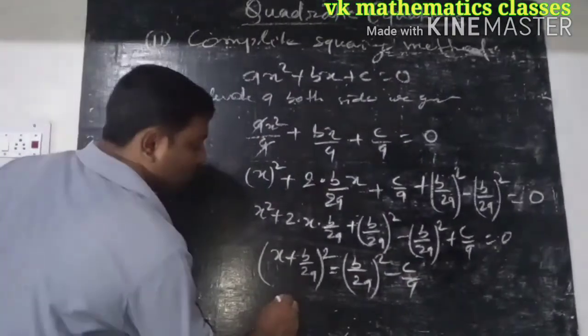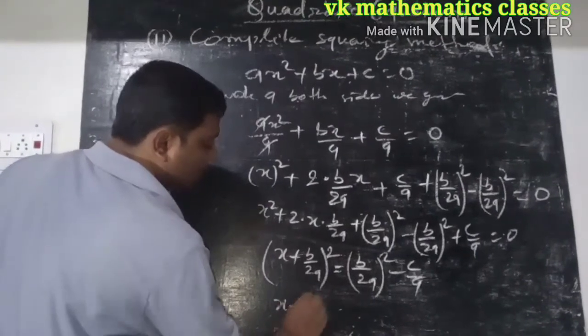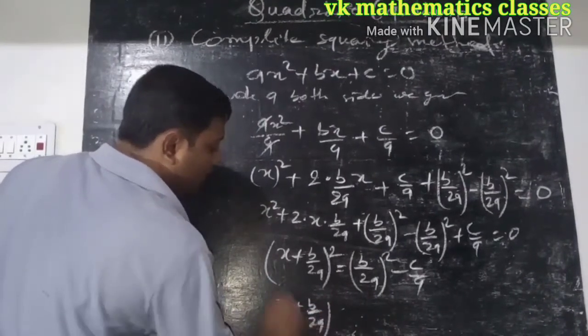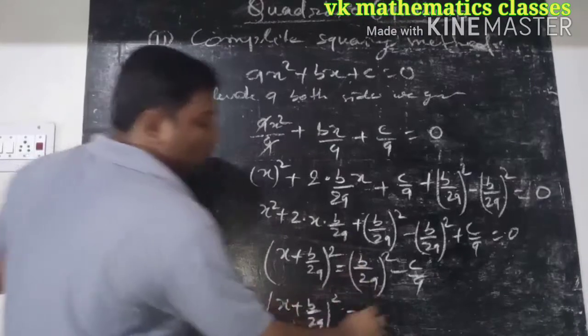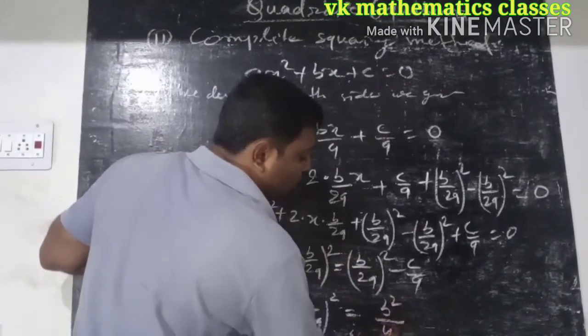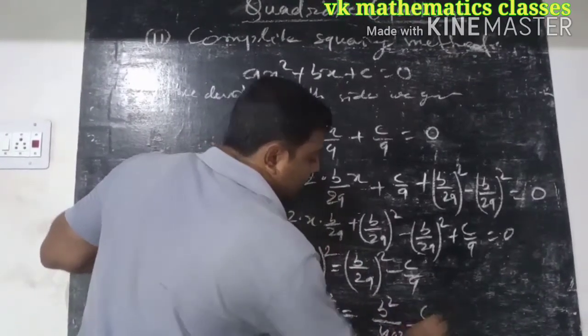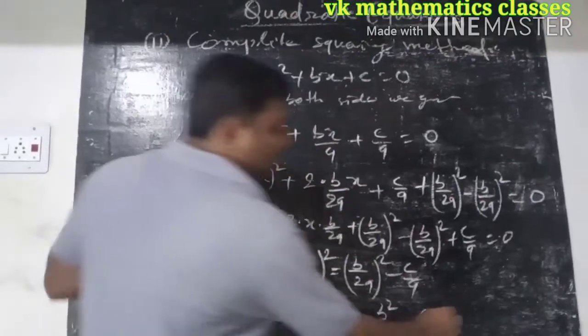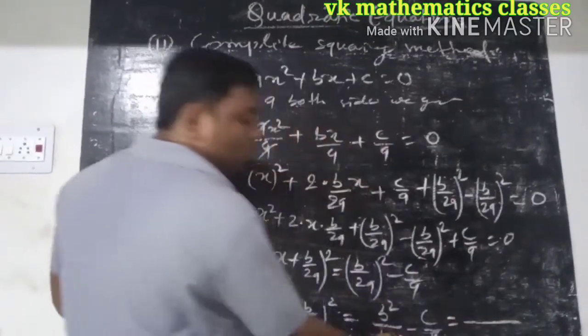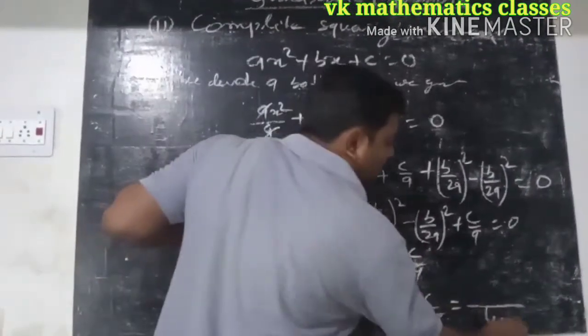We solve it. (x plus b by 2a) square is equal to b square by 4a square minus c by a. Simply taking the LCM of 4a square and a, we find that 4a square is the LCM.